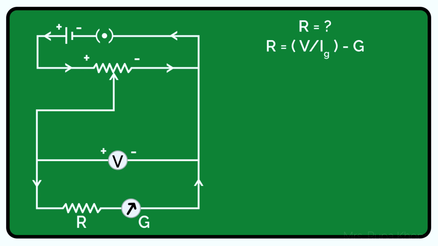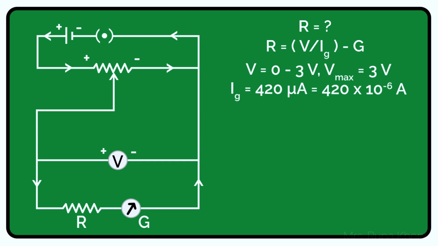We already learned the formula: R is equal to V upon Ig minus G. What is V? 0 to 3 volts. What is Ig? 420 microamps, that is equal to 420 into 10 raised to minus 6 ampere. Let's substitute the value of G as 60 ohms and calculate.